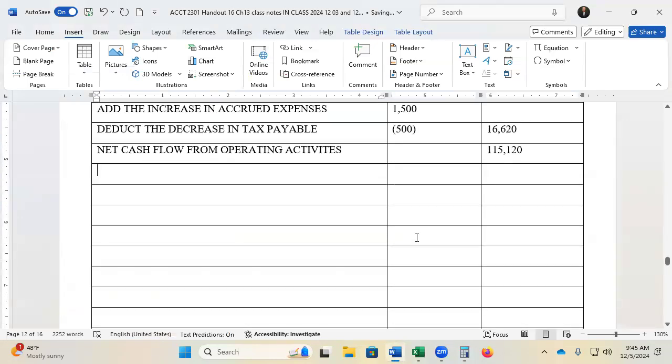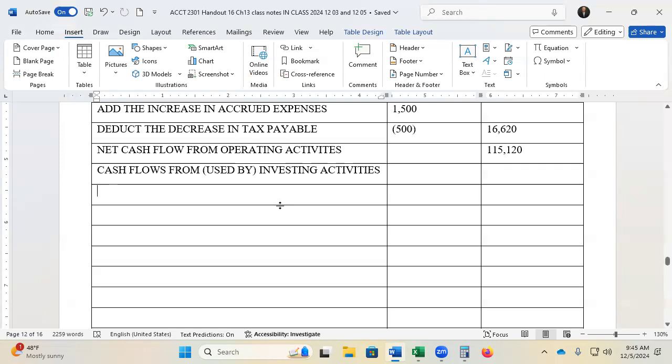All right, so now we're going to be looking at cash flows from or used by investing activities. And so here we want to look at the investment accounts. We want to look at the notes to find that information, and we want to look at the changes in our accounts.